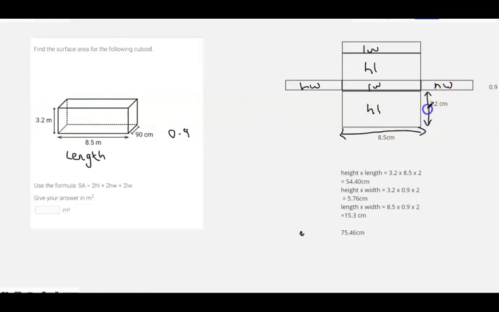So that's the height, 3.2, length, 8.5, which is why I've labelled this square HL, which obviously is equivalent to H times L. The 0.9 is the width, and this features in these squares or rectangles here. So that's 0.9. So what I've done is I've labelled all of the rectangles with the dimensions I think they have, whether it's height, length or width.